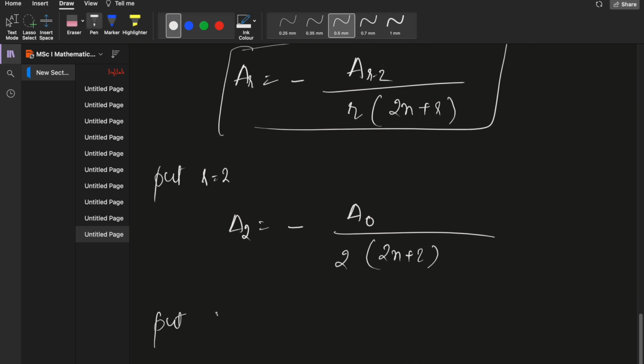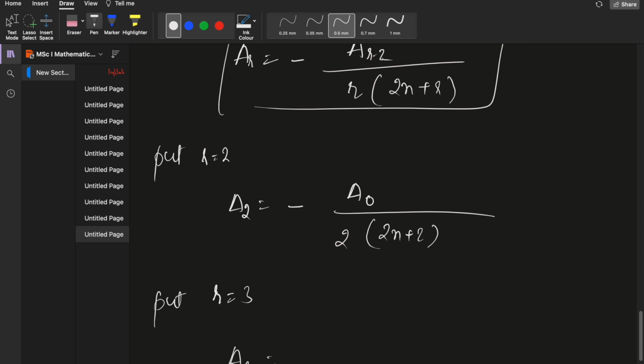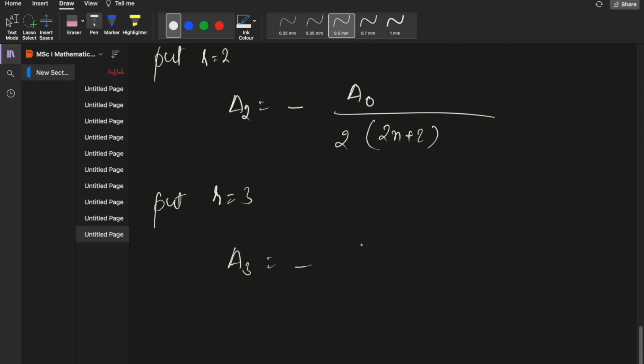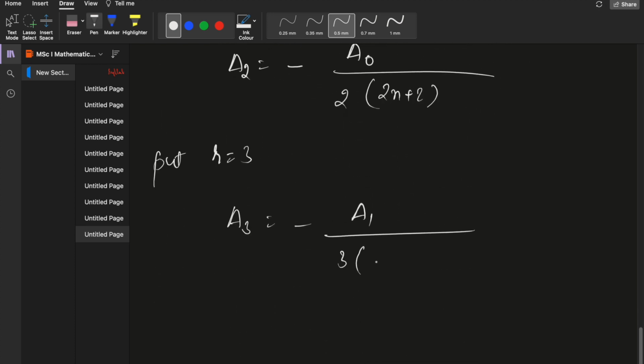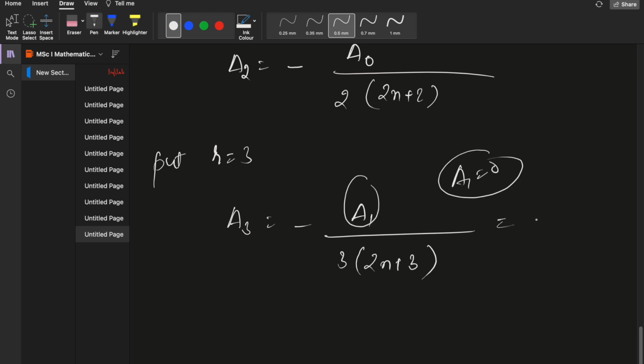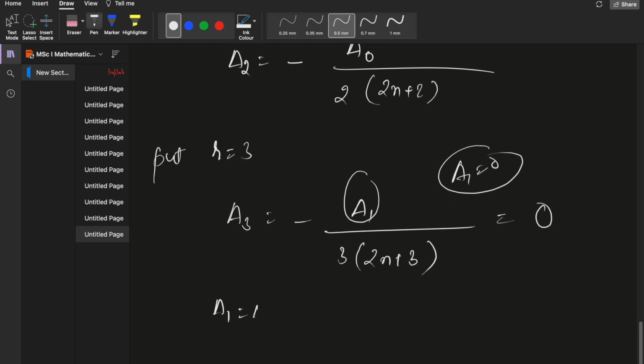For a3, only when r is 3, a3 is minus a1 whole upon 3 times 2n plus 3. But I know a1 is 0, so a3 is 0. So a1, a3, a5, a7, all the odd terms are going to be 0.